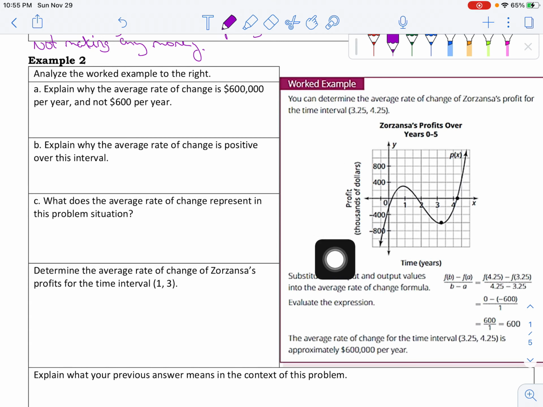We substitute the values. Here's our little slope formula. They substitute in. So at 4.25 years, there is no profit. At 3.25 years, it's negative $600,000. Okay, that's fine. And so we do the math here, and we end up with positive 600.